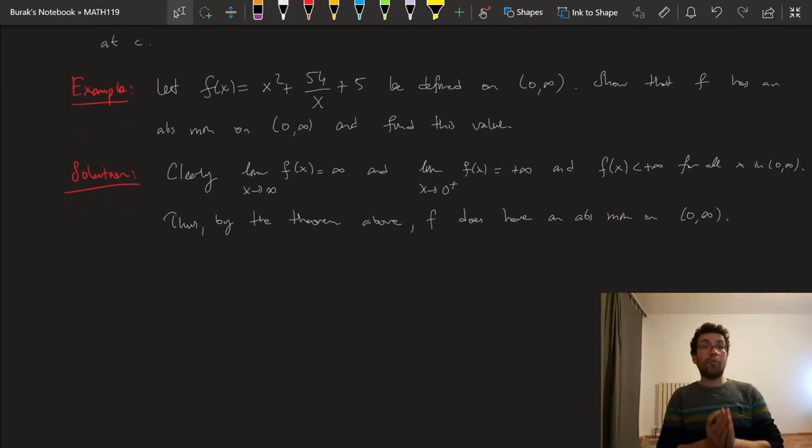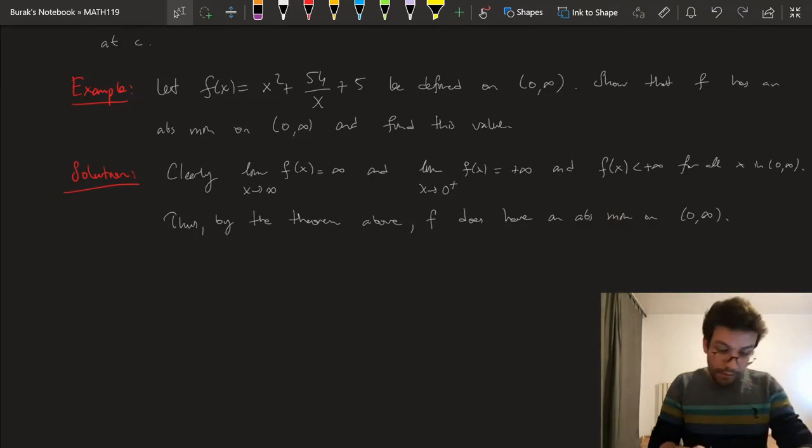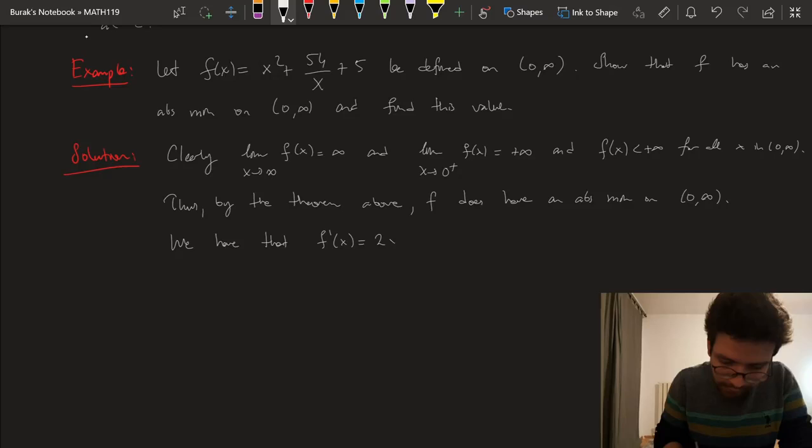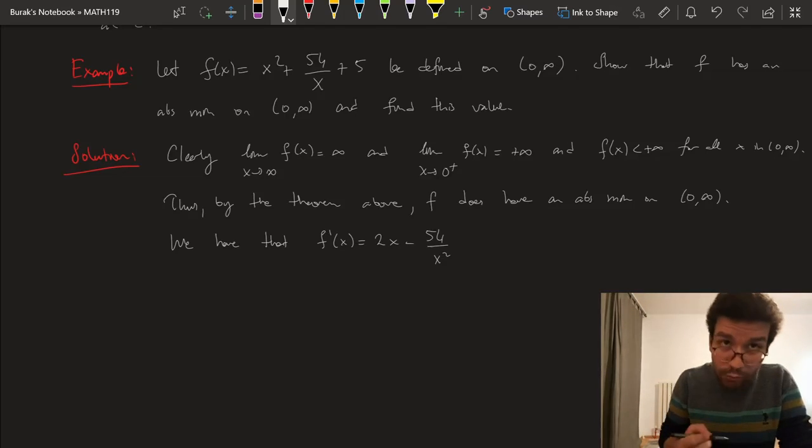Now let's figure out where it is. We have that f prime of x is 2x minus 54 divided by x squared. Derivative of x squared is 2x. Derivative of 1 over x is minus 1 over x squared.